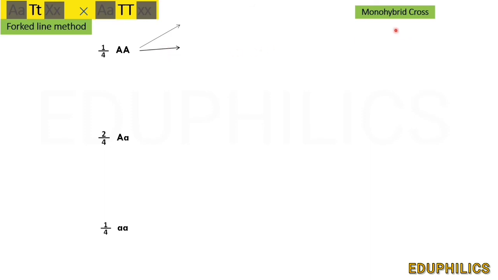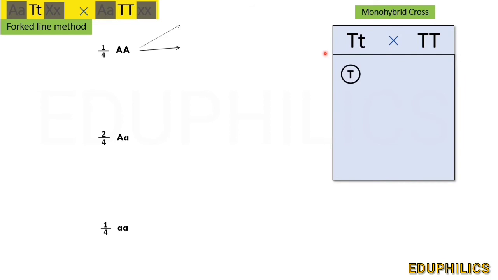Now we should consider the second gene, which is T, but here one parent is heterozygous in condition and the other is homozygous in condition. So we'll get only two possible genotypes. Let's see how. It's a monohybrid cross. This heterozygous genotype produces only two types of gametes and this one produces one type of gamete.